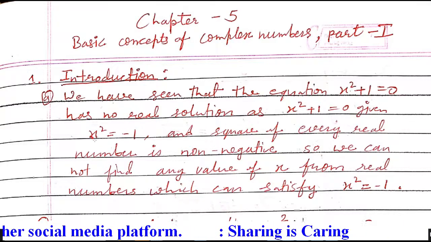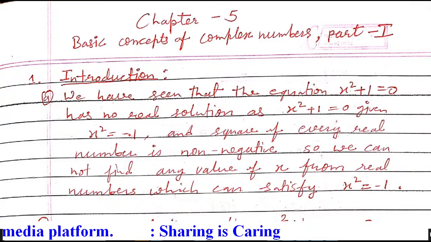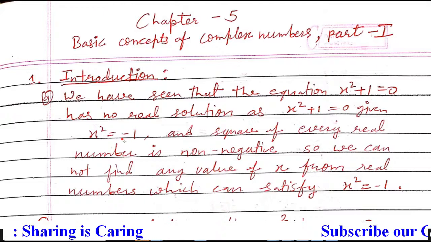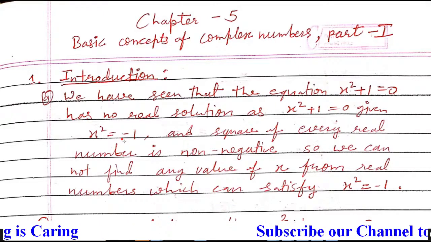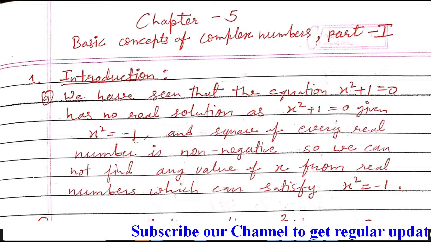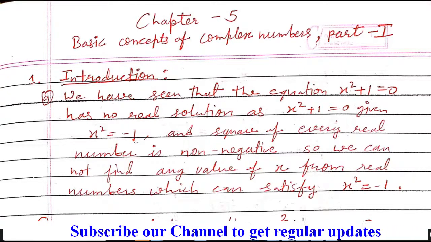Now if we want x only, then we have to take the square root. So when we take the square root, x is equal to square root of minus 1. Since a negative number appeared under the square root, we cannot solve it in the real number system.